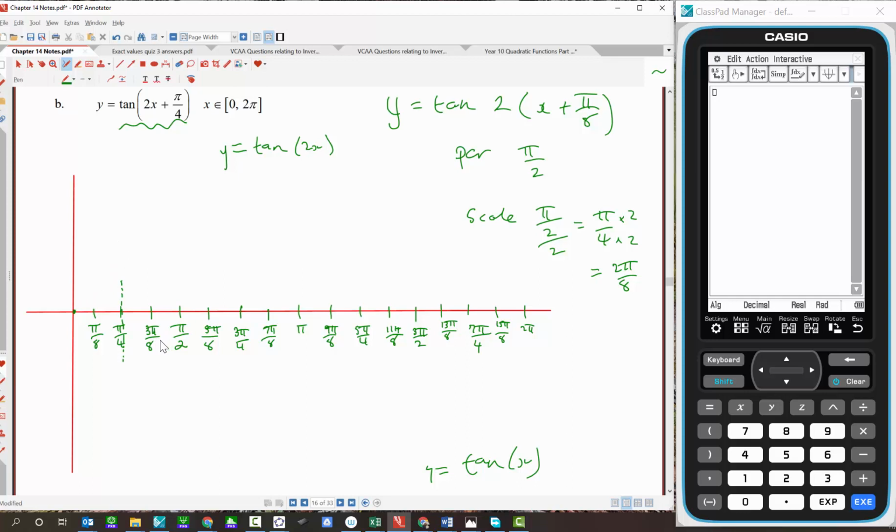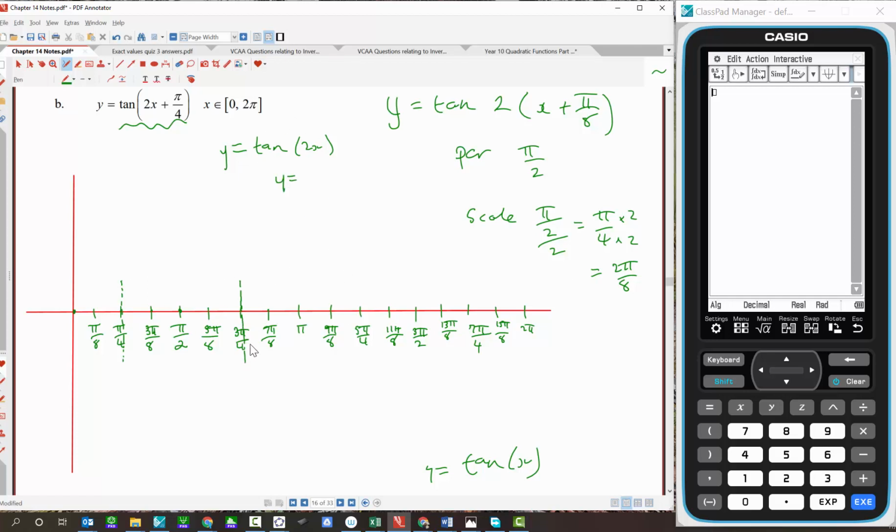The next asymptote is going to be, in the last one you'll note that we put 0 there and then another asymptote every second. But remember, our scale is every 2 pi on 8, which means that every 2 pi on 8 we get a key feature. So this will be an x-intercept, and what we should get here is another asymptote. Now let's just test it.